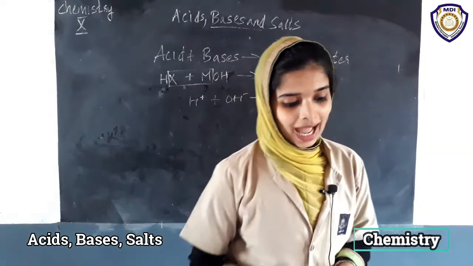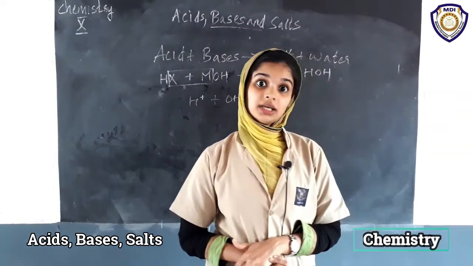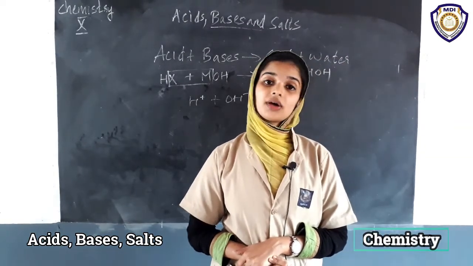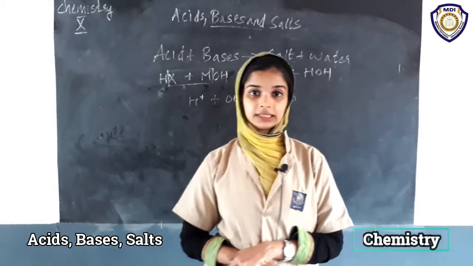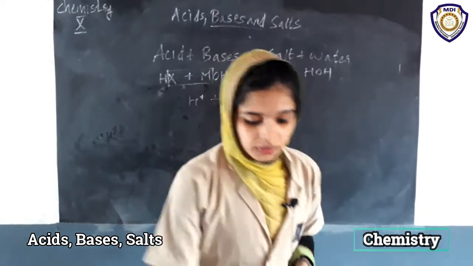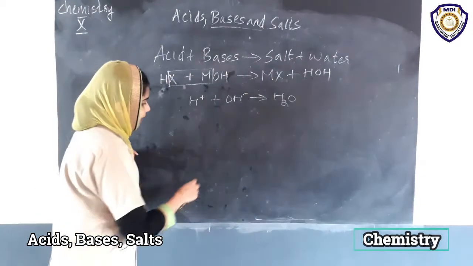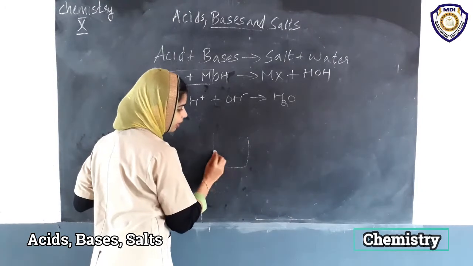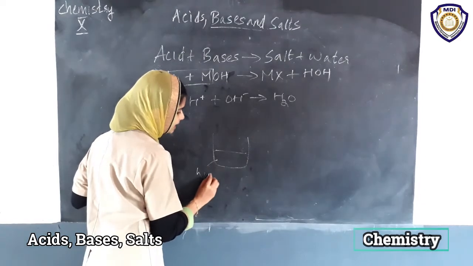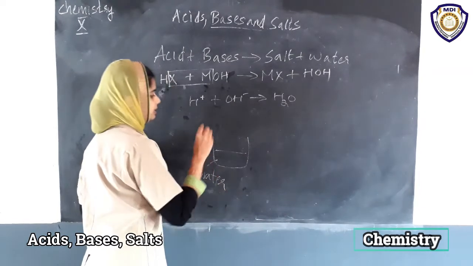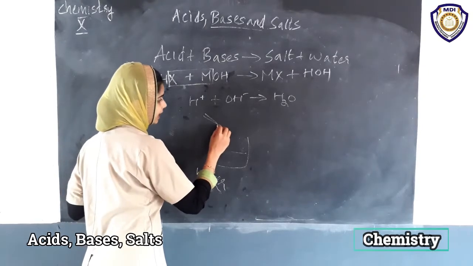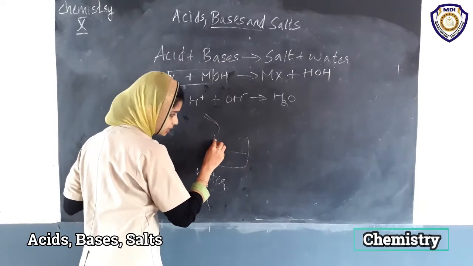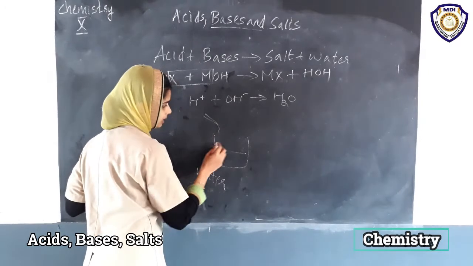Then what happens when we add acid or base to water? Let's see. Take a beaker with water. Add some sulfuric acid with a dropper through the sides of the beaker.